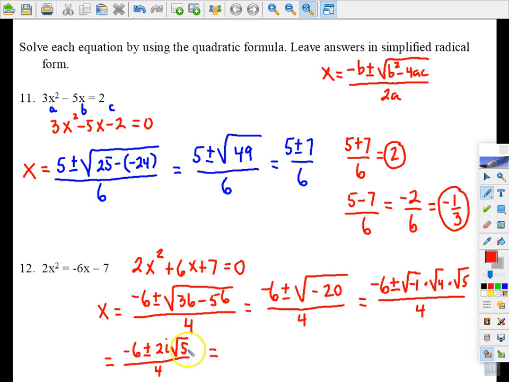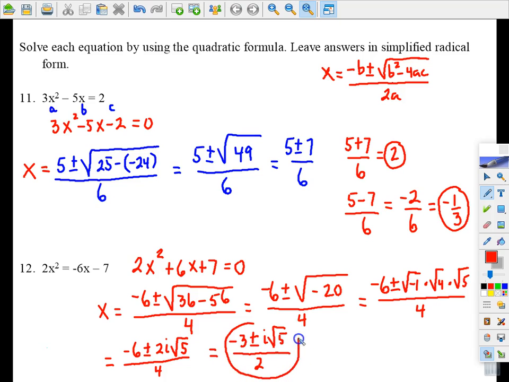Now, you're not ever dividing into the radical, but the numbers outside of the radical, you see if they are all divisible by the same number, and if so, go ahead and do that division. So negative 6 divided by 2 is negative 3. 2 divided by 2 is 1, so i square root of 5. And then down here, 4 divided by 2 is 2.